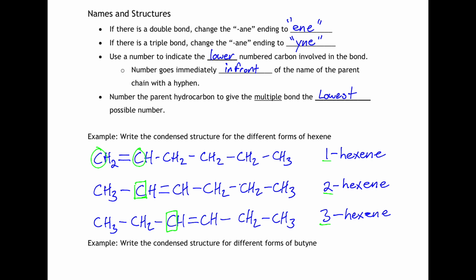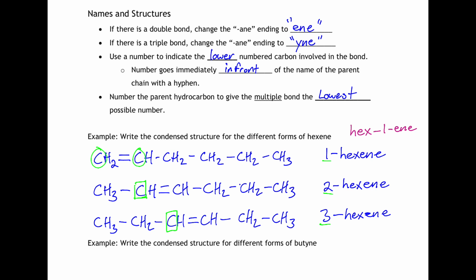There is a way of writing this that you may see depending on where I steal different worksheets from. It may be written as, I've seen it this way, hex-1-ene. I've seen that, and I hate it. So I like the other way better. I've seen both being true.